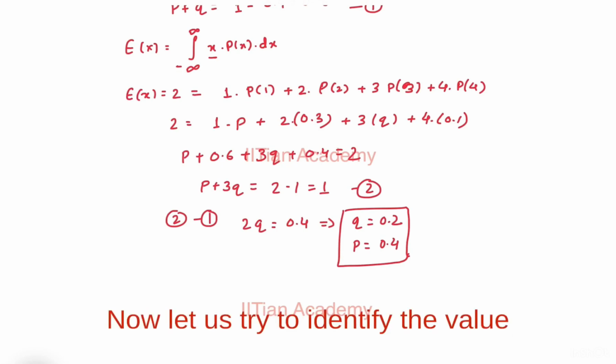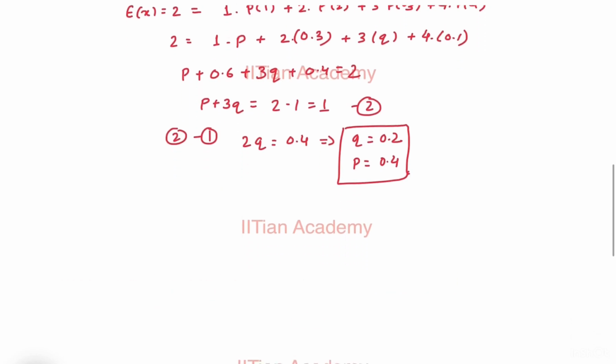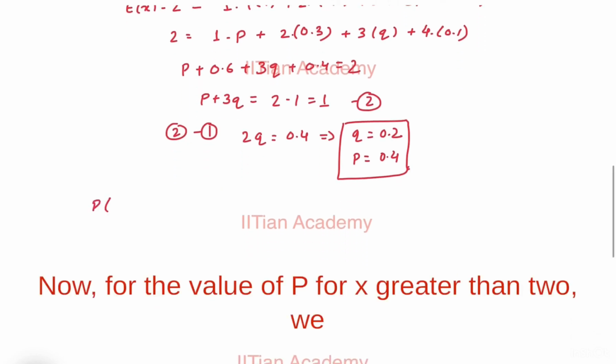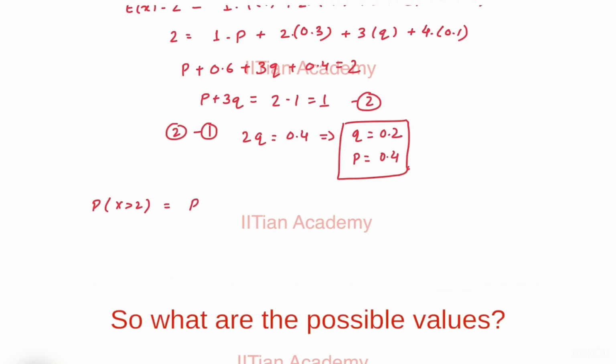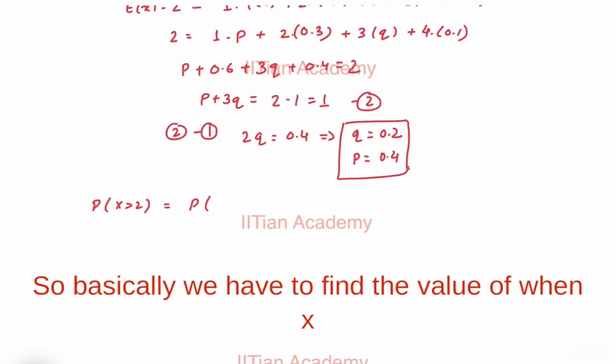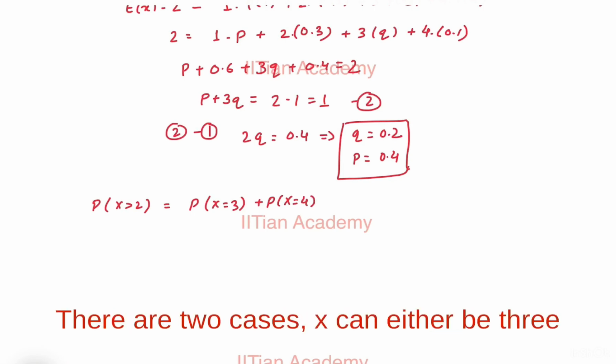Now let us identify the probability for x greater than 2. What are the possible values? Basically we have to find the probability when x can be 3 and also when x can be 4. There are two cases. x can either be 3 or 4.